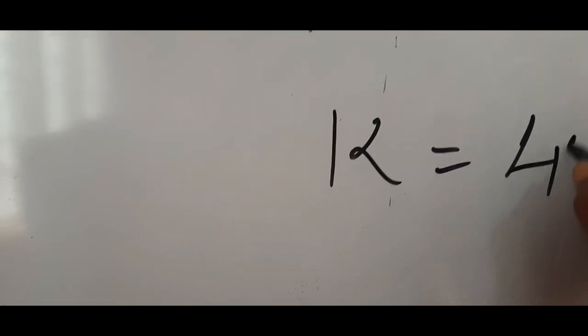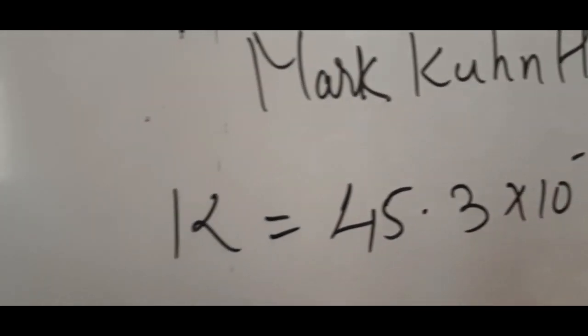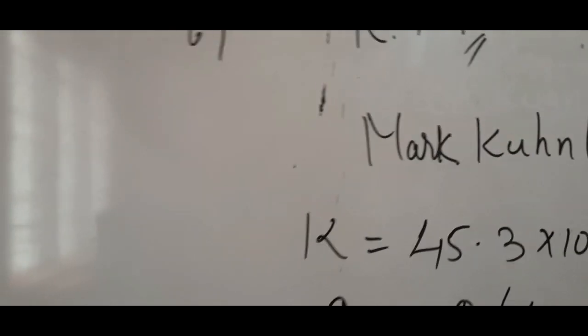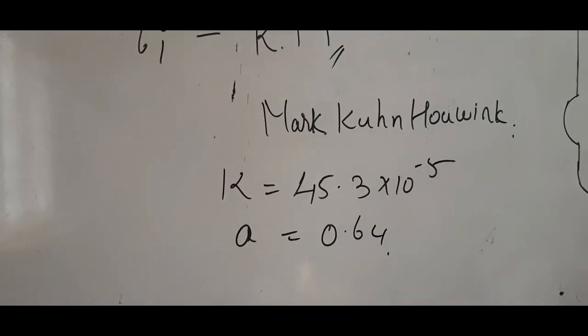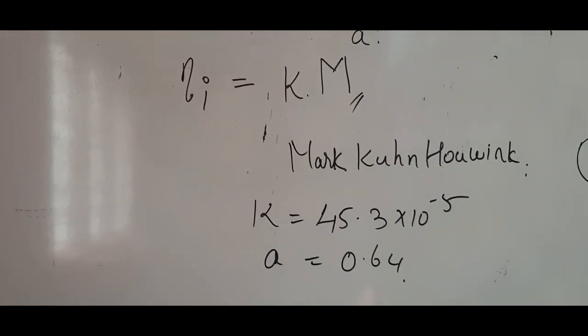For polyvinyl alcohol, the K value is 45.3 × 10⁻⁵, and the a value is 0.64.